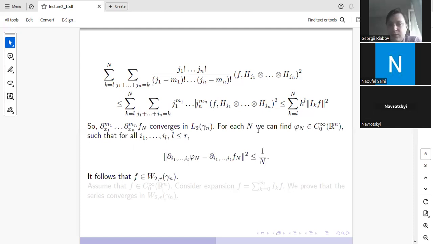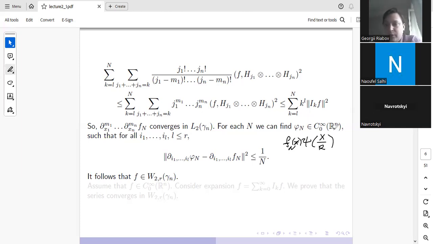Now it is not hard to see that every polynomial can be approximated by infinitely differentiable functions with compact support, with all derivatives up to order, say, R. This can be done by multiplying Fn by some infinitely differentiable function of the form psi of x over R and taking R to infinity.